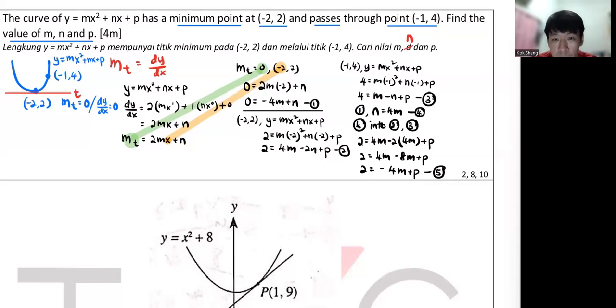So then continue, n into 3. Ayya, working so long. 3, okay. 4 equals to m minus n plus p.